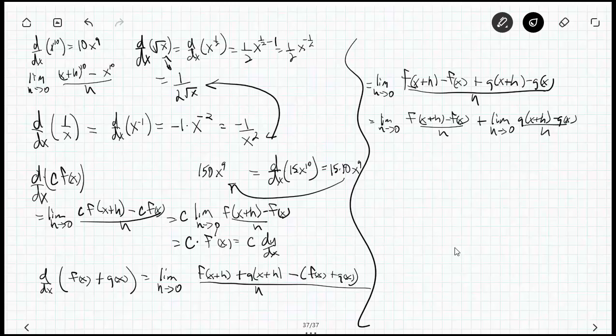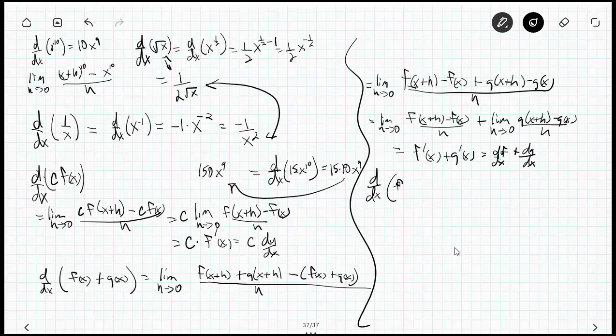And guess what I have? This is equal to f prime of x plus g prime of x, or the derivative of f with respect to x plus the derivative of g with respect to x. Woo! Guess what? The derivative of a sum is the sum of the derivatives.